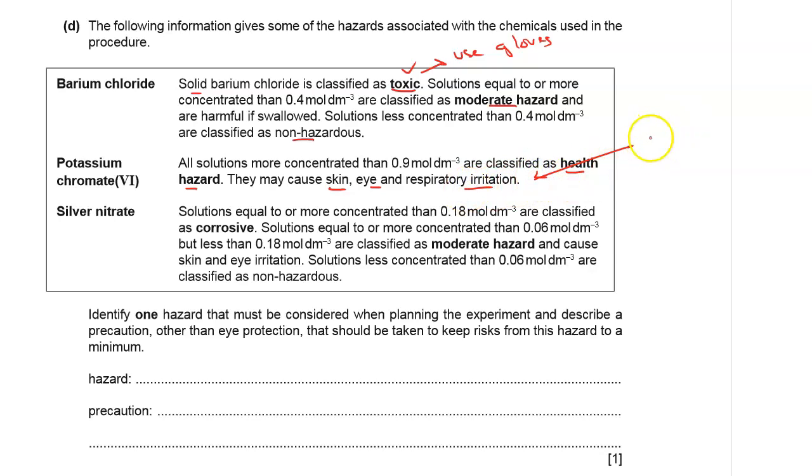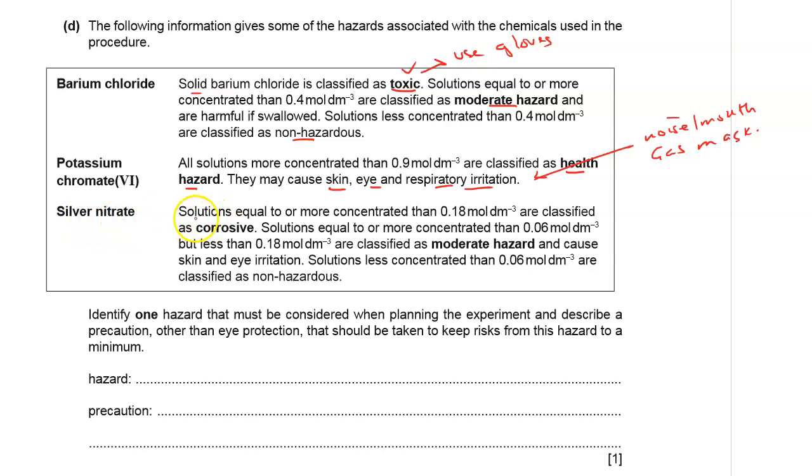So in that case, you need a gas mask, covering nose and mouth, for this respiratory irritation. Of course, for skin and eyes, you need to wear gloves, and you need to have eye goggles or eye protection.